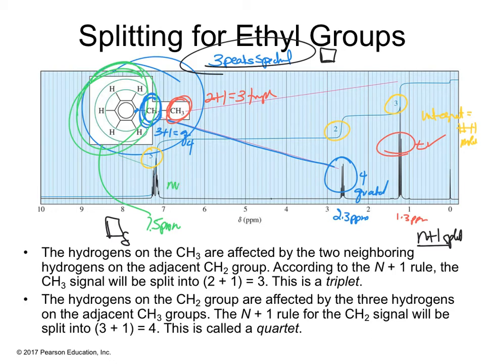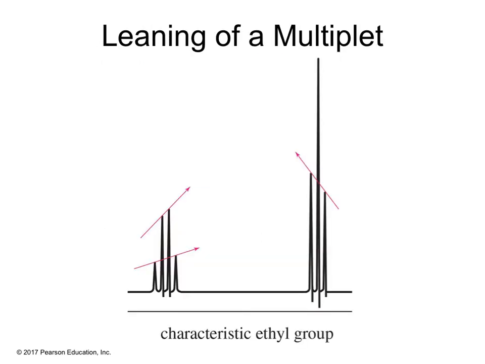And then you go to the green here, and what are these? These a lot of times you'll report as a multiplet, okay, because they're all kind of together, and this would be a doublet, and this would be a triplet, and the overlap. So a lot of times that's just considered a multiplet. Okay, so the leaning of a multiplet is characteristic of an ethyl group.